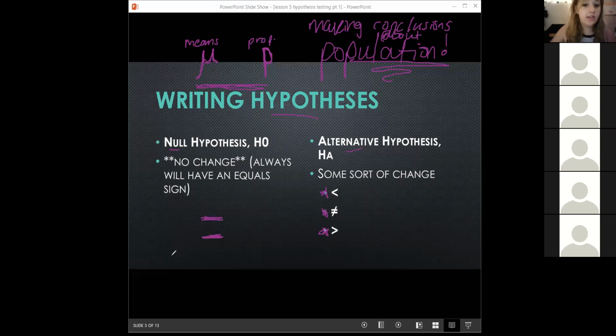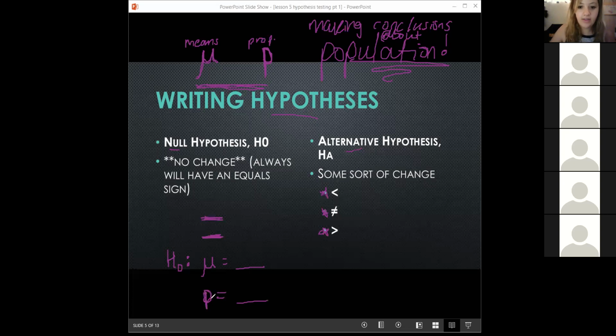So you're either going to see your null hypothesis, technically, there's really only two ways to write it. It's either going to be mu equals a number, and this is for a single mean. Don't worry, we'll get into paired means and fun stuff like that, but for now, we only got one of them, so have fun with this. Or p equals something.